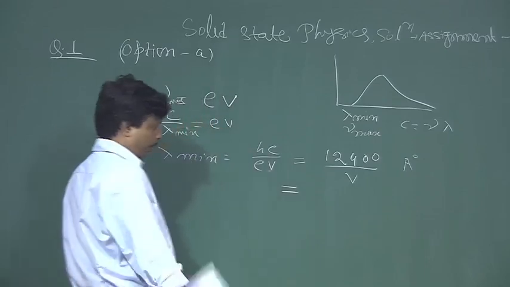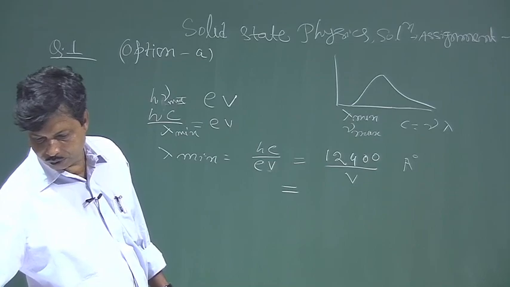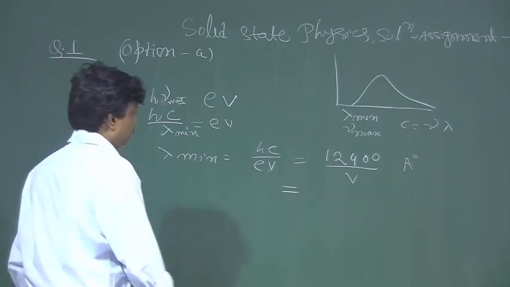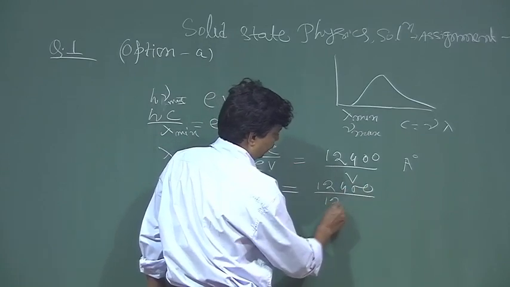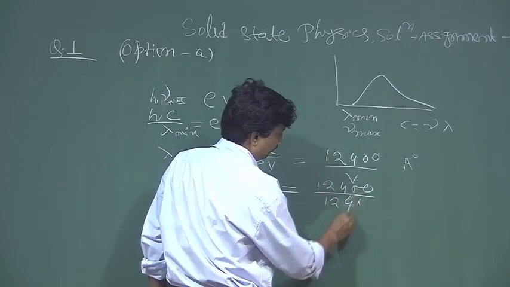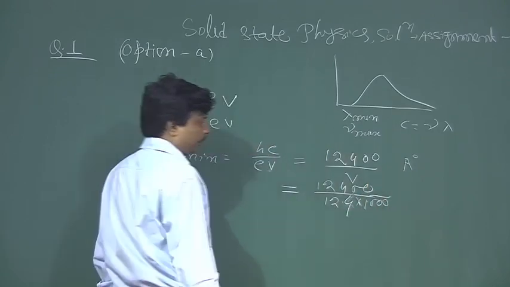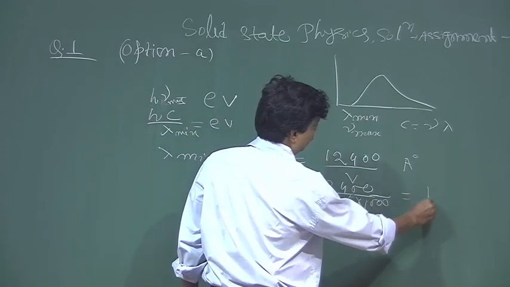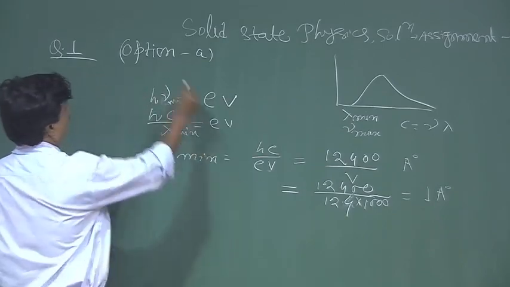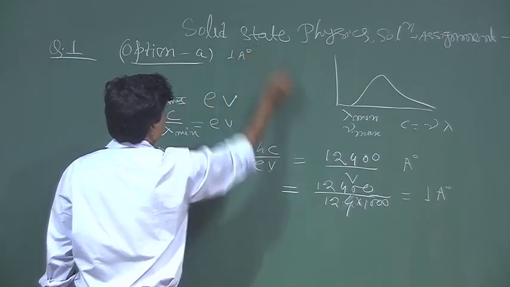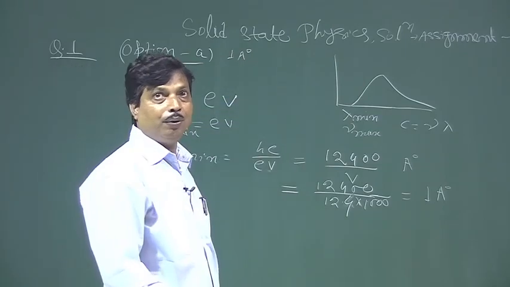Here the applied voltage is 12.4 kilovolt. So, 12.4 kilovolt means 12.4 into 1000, in volt. This will give you 1 Angstrom. Thus, your correct option will be A, 1 Angstrom. So, this is the solution for question 1 of assignment 4.